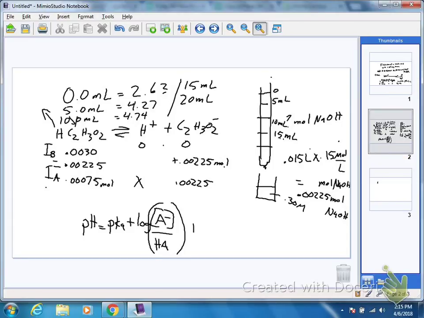So that translates into pH is equal to 4.74 plus, and then the A minus would be 0.00225, and that would be divided by 0.00075. And then that would give us our pH. And you can use the Henderson-Hasselbalch equation anytime you've got anions at a certain concentration and the acid at a certain concentration.